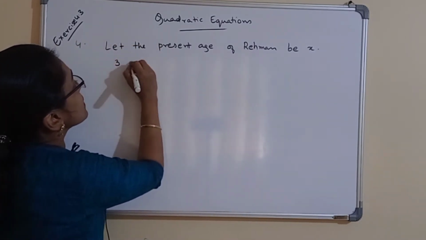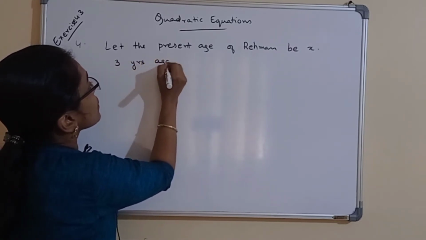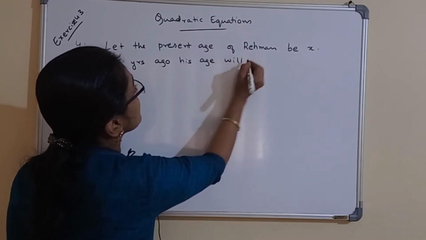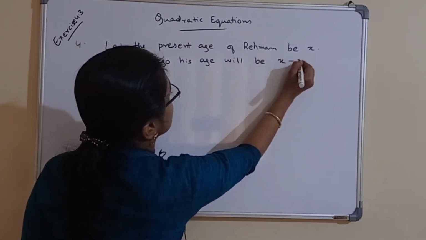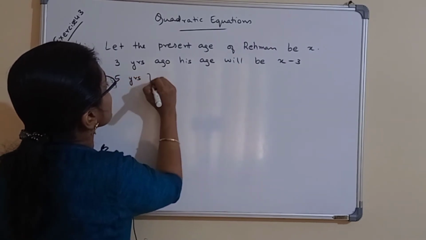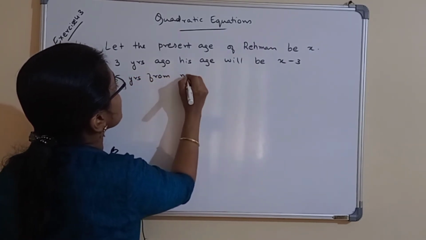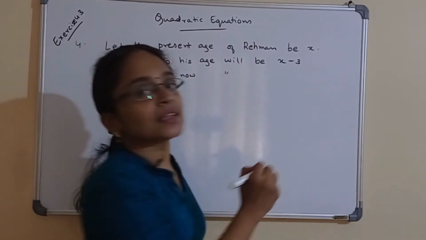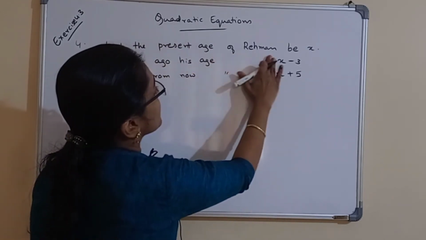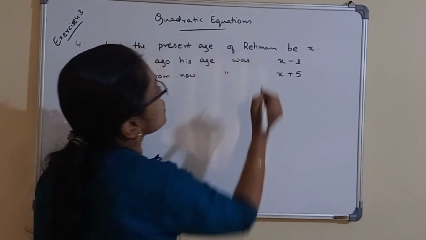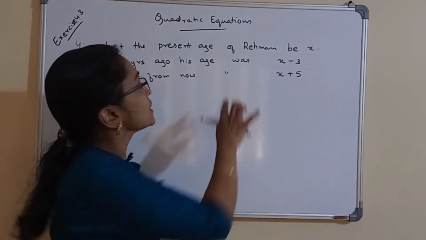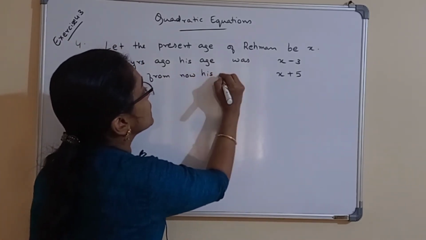So 3 years ago, his age was x minus 3. And 5 years from now, which means after 5 years, his age will be x plus 5.